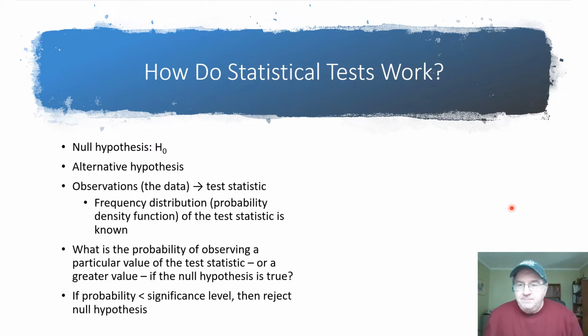Therefore, I reject the null hypothesis. And my alternative hypothesis becomes my current best guess. So basically, you're saying, what is the probability of observing these data given the null hypothesis?